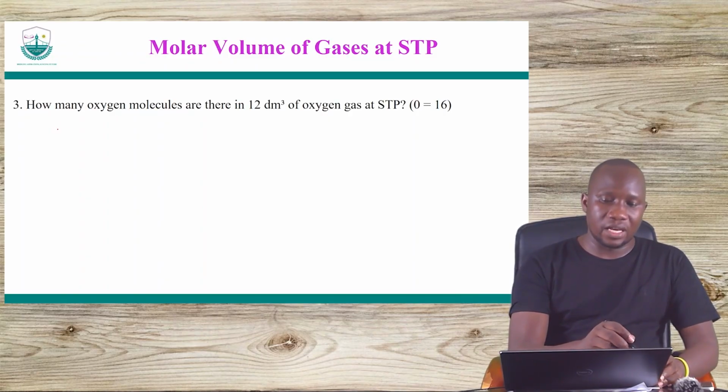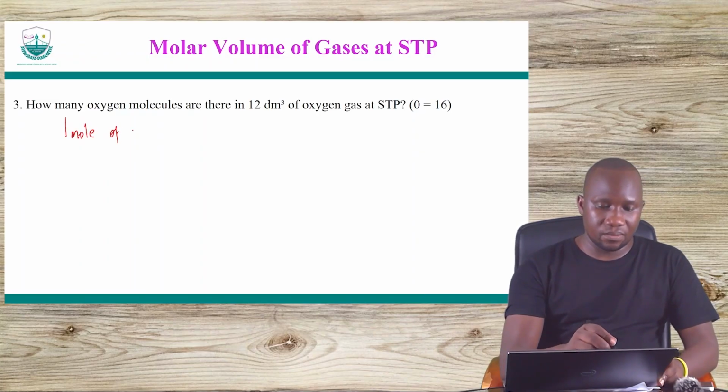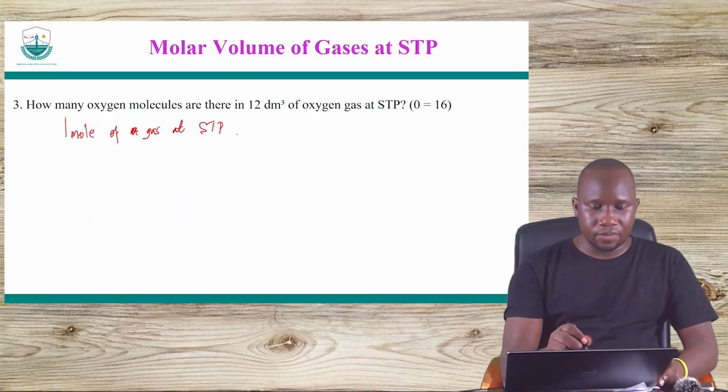We know that 1 mole of a gas at STP is contained in 22.4. We can use the units of liters here.